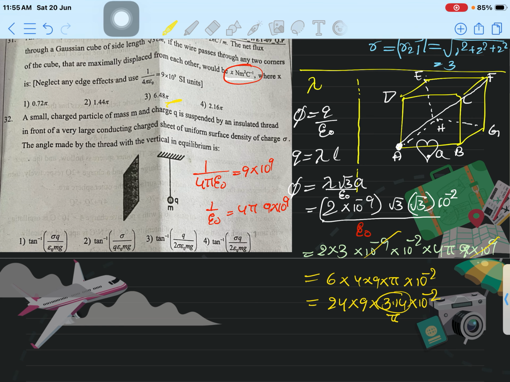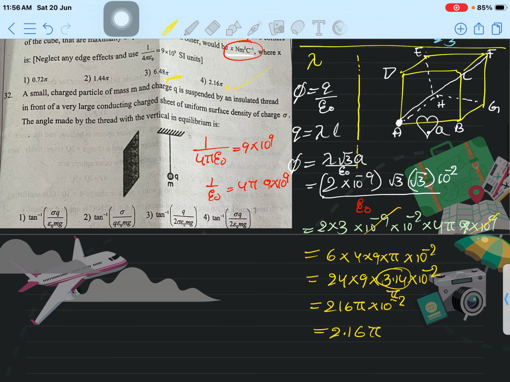So 24 into 9, how much? 24 into 10 is 240, sir. So 240 minus 24, which is 216 into pi. 10 power minus 2 is there, so 2 decimal points will come. So 2.16 pi is the answer. So fourth option. Is that okay?